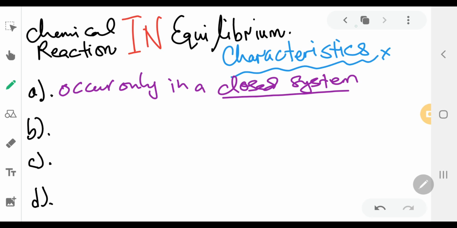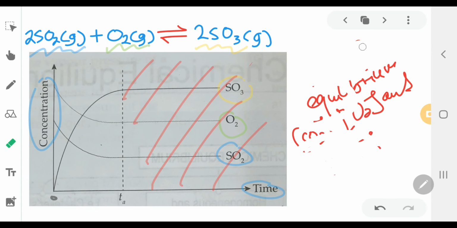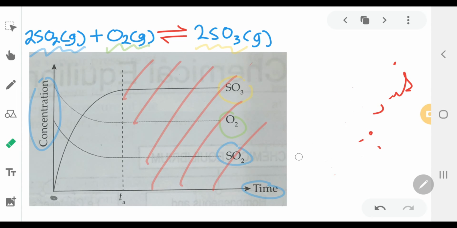So the system is very much controlled. Like, for instance, in this experiment to react SO2 and O2, you can imagine that the SO2 and O2 are put into a jar or vessel, and then you put a lid on it to make sure that the reaction is not contaminated with something else.